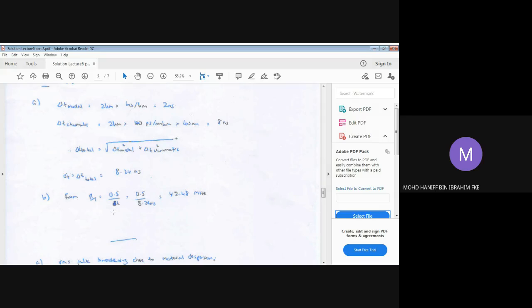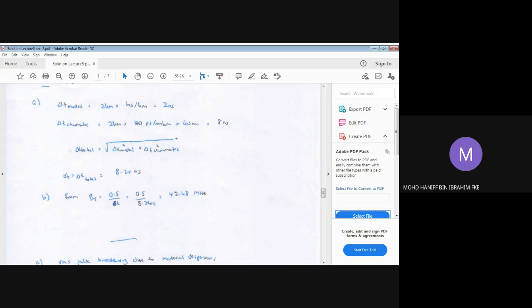For the case of the non-overlapping assumption, the bit rate is 1 over 2 delta T. So delta T that has been obtained is 8.24, and you end up with a bit rate or bandwidth of 42.48 megahertz. So this is your bandwidth for the given information. Hopefully you understand the calculation of the bit rate or the bandwidth.